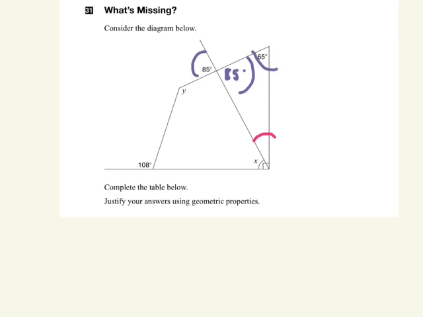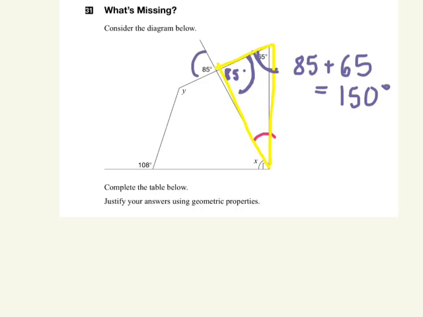So now you're using the sum of the interior angles in a triangle, and you added 85 plus 65. So you added the 2 angles. What did you get? 150. 150 degrees. And why is that helping you? It's helping because the sum of the angles is 180.